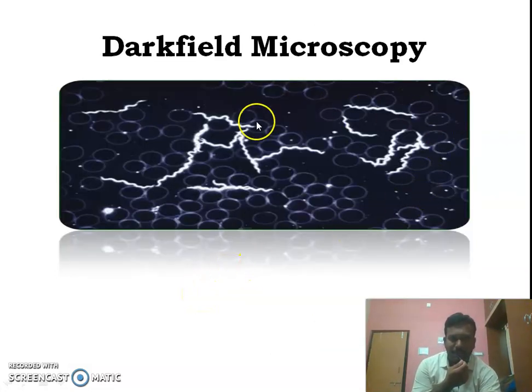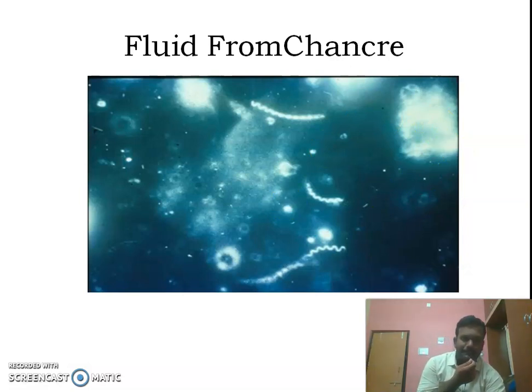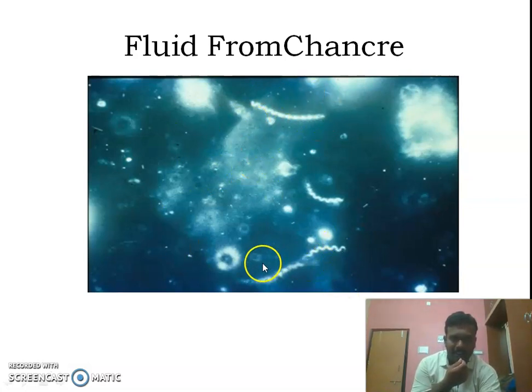If you observe this spirochete under a dark field microscope, it will look like this. Whenever you collect fluid from the canker and observe it under the microscope, we can observe the spirochete like this.